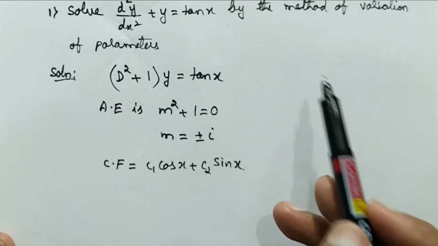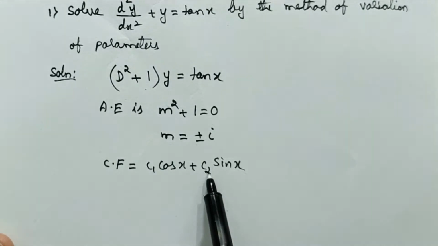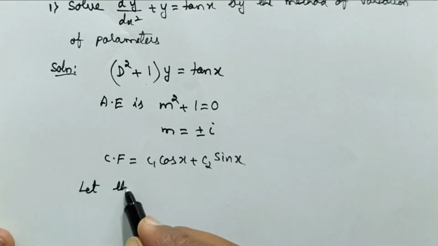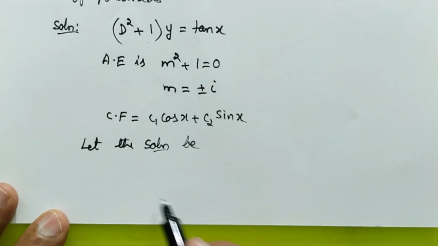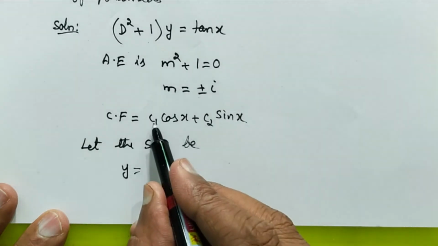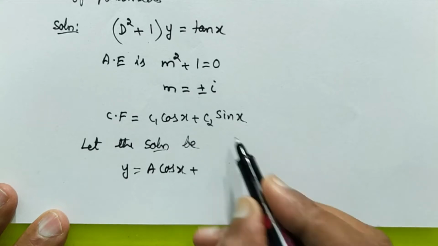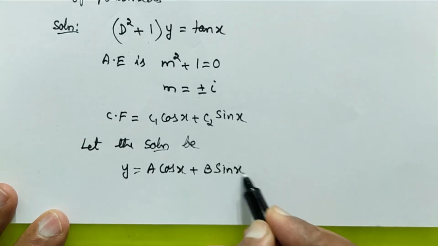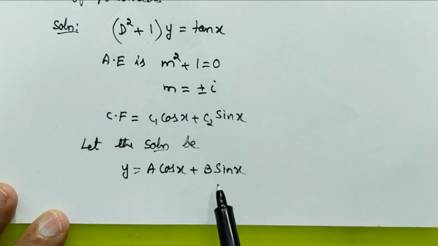Now if you want to use the method of variation of parameters, you have to write down the solution by replacing c1 by A and c2 by B. So let the solution be y is equal to A cos of x, where c1 is replaced by A and cos of x remains as it is, plus B sin of x, where c2 is replaced by B and sin of x stays as it is. Now I need to evaluate the values of A and B.